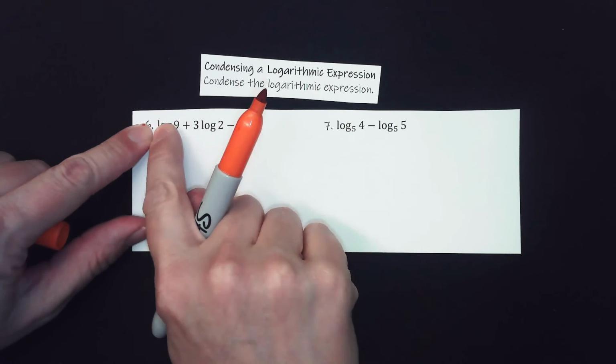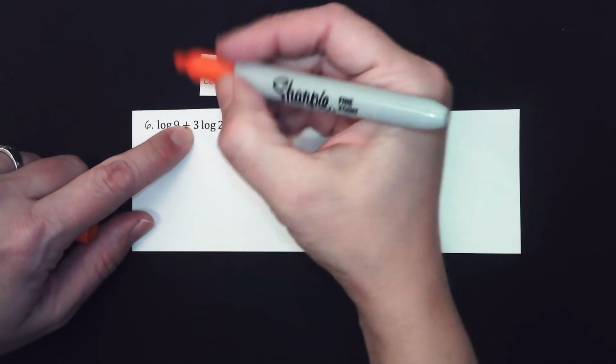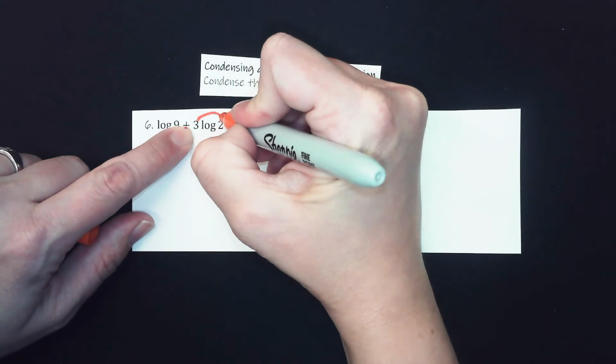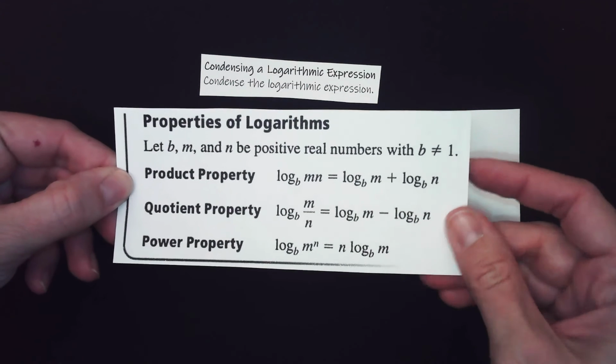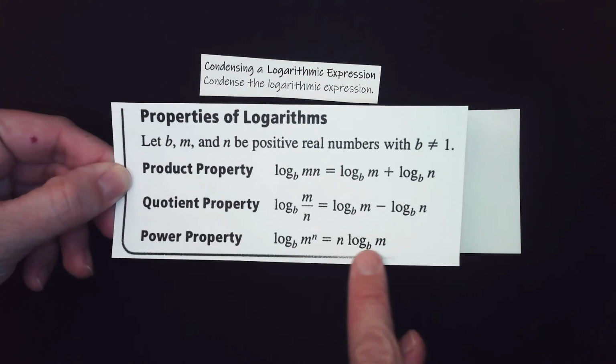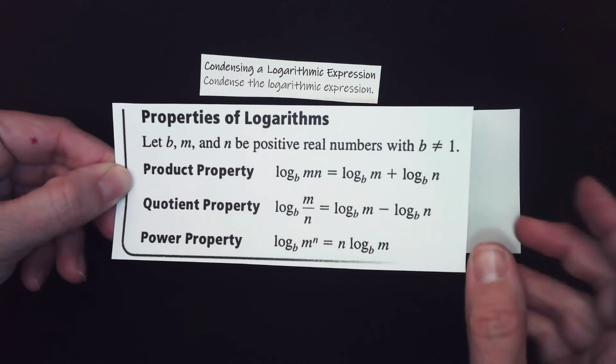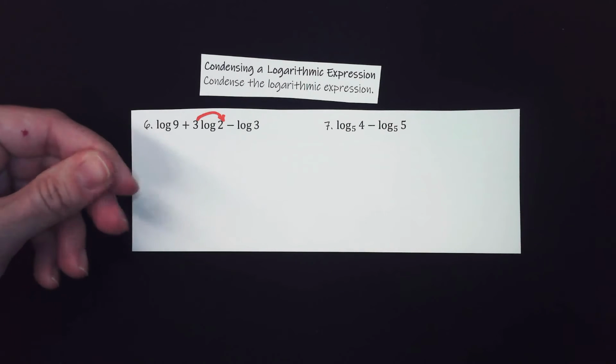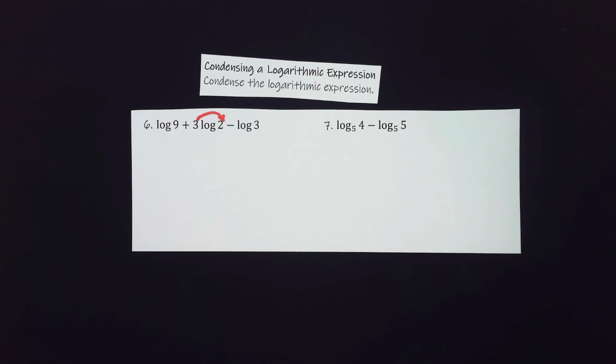This doesn't have a number in front and that one doesn't, but this does. So I'm going to move this 3 to the power. That's going backwards in that power property. So we're still using these properties, but I'm going from this back to this. In expanding we did the opposite, but condensing I want to bring it back.